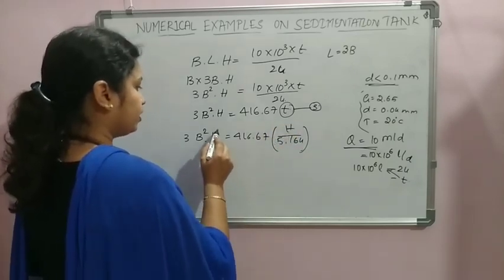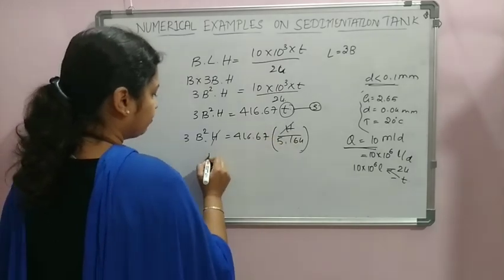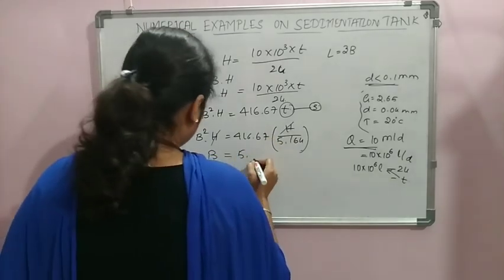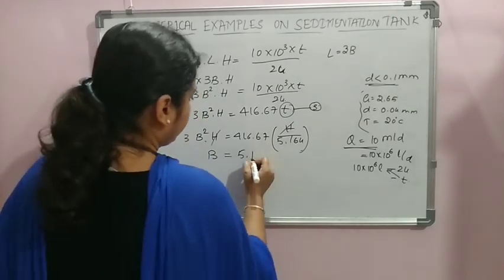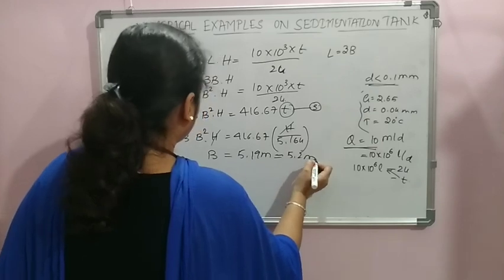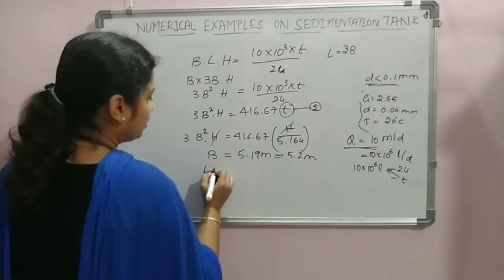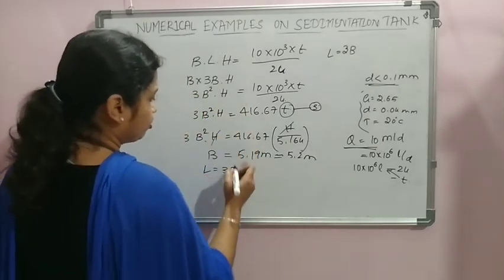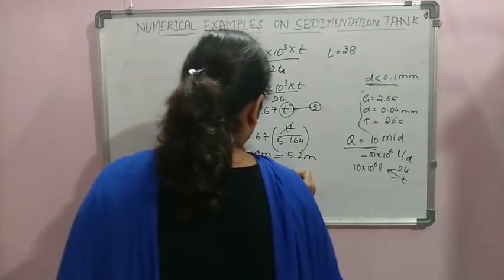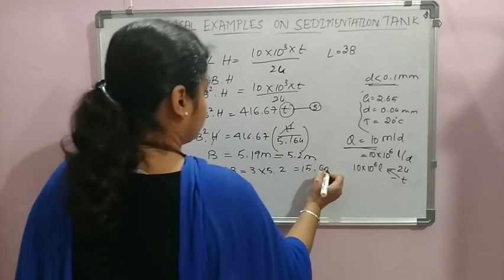Here we can cancel H and get the value for B on simplification. B value will be 5.19 meters, which we can write as nearly 5.2 meters. Since we assumed L is equal to 3 times B, 3 into 5.2 will be 15.6 meters.